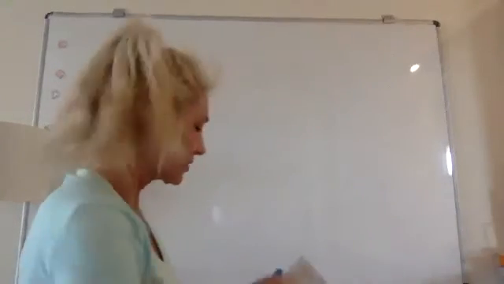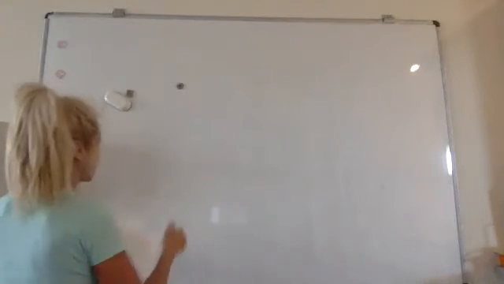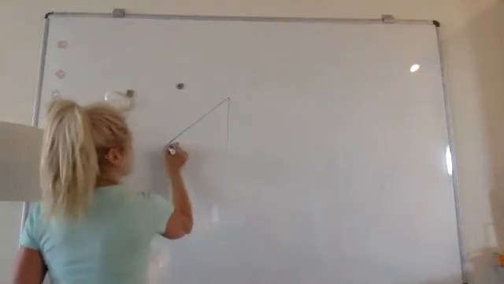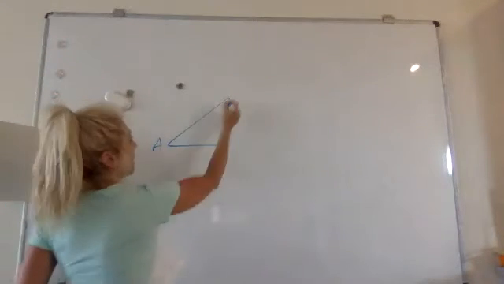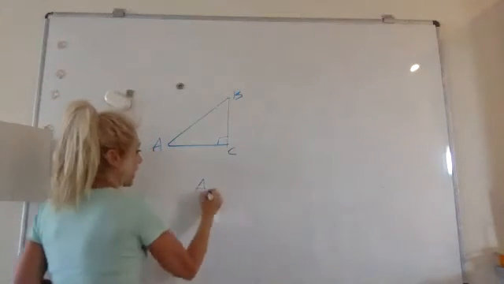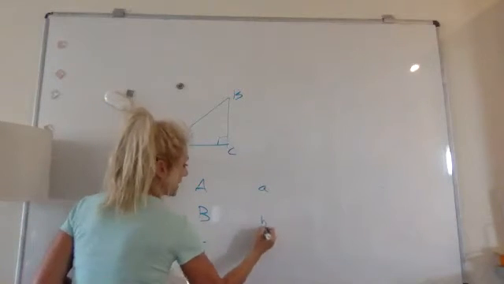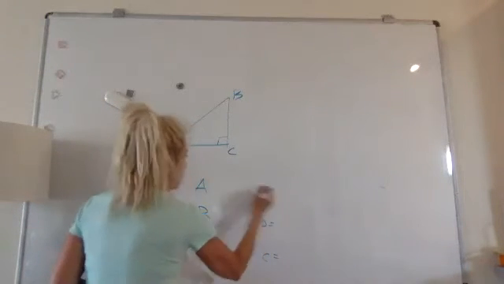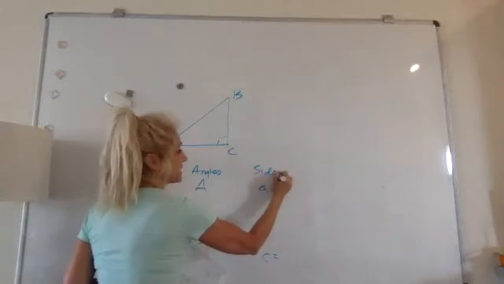So what I always do is I always draw a triangle that's going to be a right triangle. I don't care what the letters are. Really common is A, B, C. And what I always do is I make a list of the capitals and the lowercase. These are going to be my angles. These are going to be my sides.